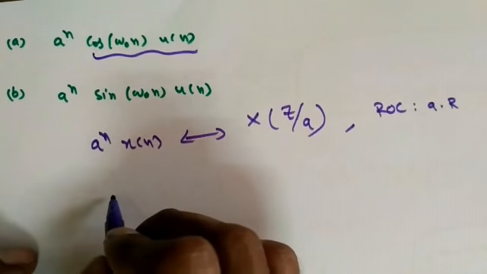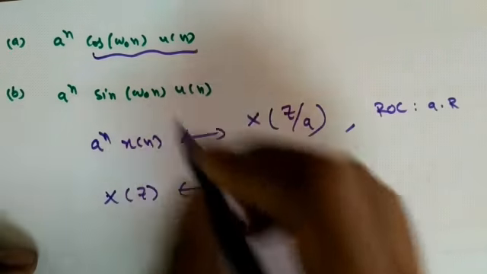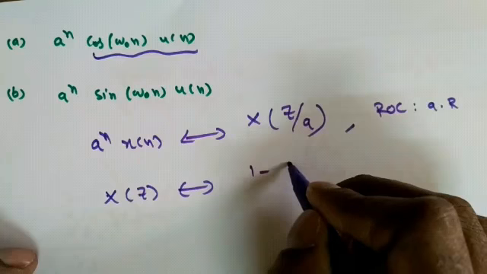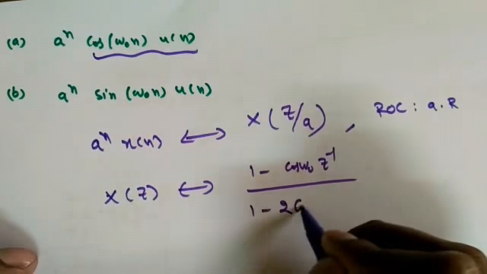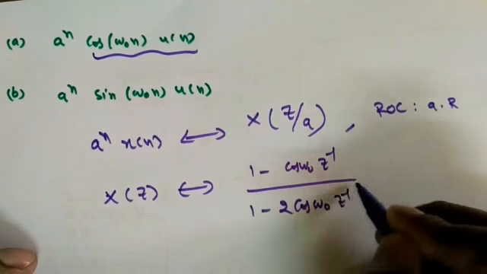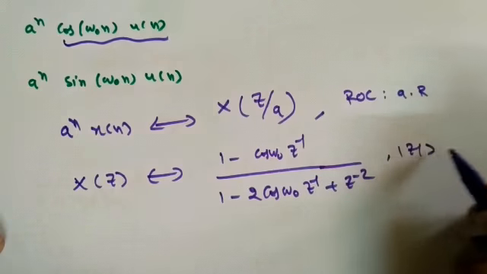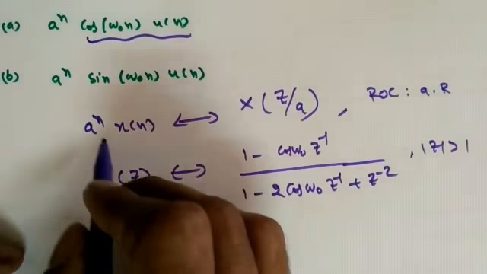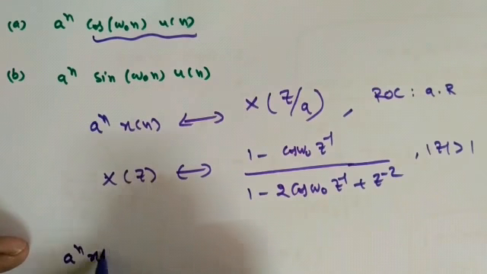Now something like this. So x of n, what is x of z? I will take the first one. That is 1 minus cos omega naught z inverse by 1 minus 2 cos omega naught z inverse plus z inverse 2, and the ROC is mod z is greater than 1. Now we need to multiply with a power n, so a power n x of n.